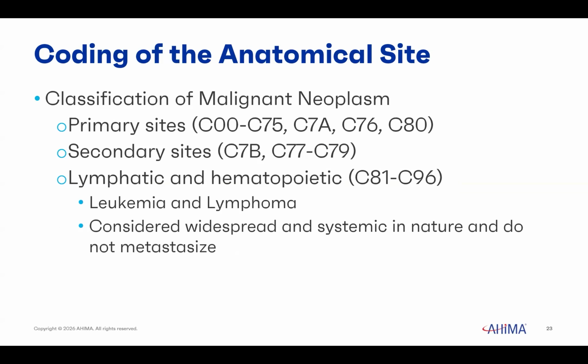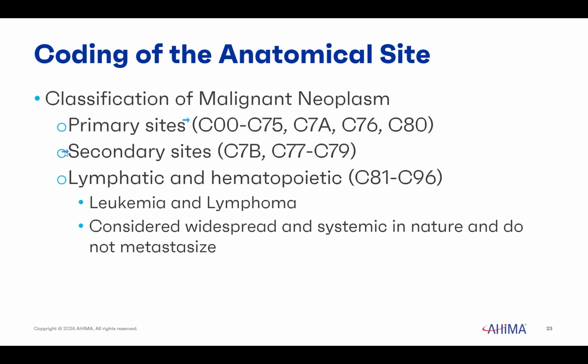And we talked about this earlier, but it bears mentioning again, the classification of malignant neoplasms. If it's primary, it's going to fall into C00 through C75 or C7A, C76, or C80.